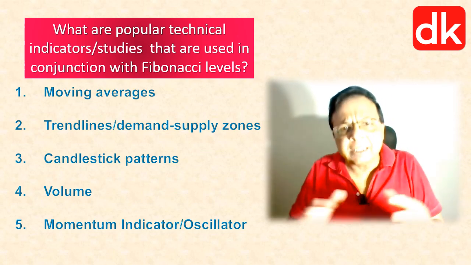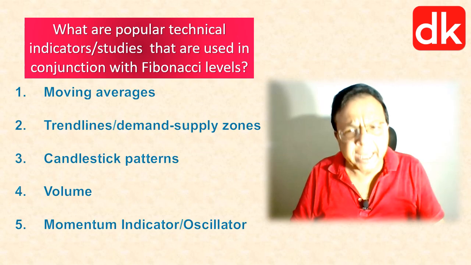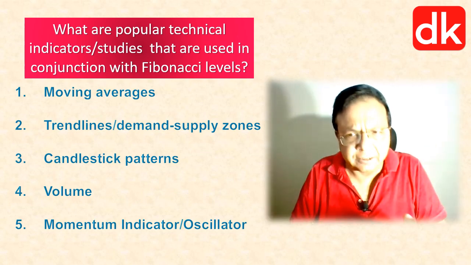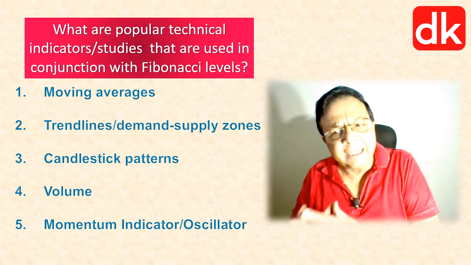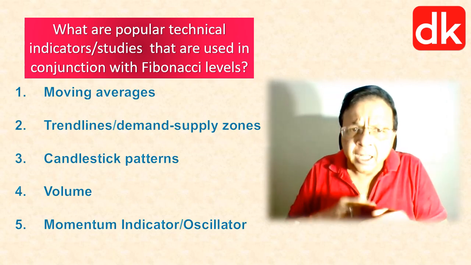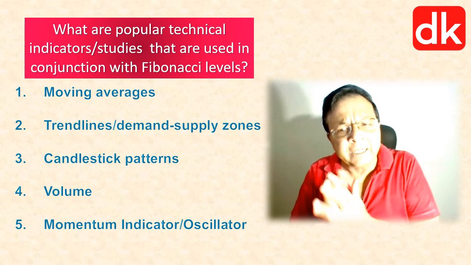And demand and supply zones that we mark on the price chart by drawing horizontal lines based on the price action to identify the key support and key resistance areas, or we call it a demand and supply zone, where the price is likely to behave in a certain fashion.